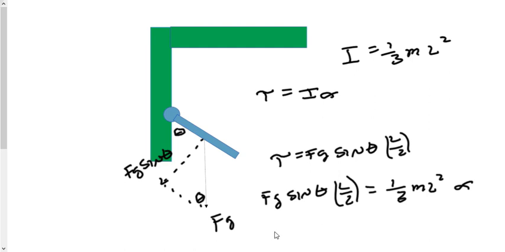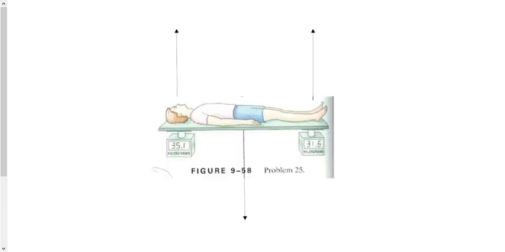And one more final question. How to find the center of mass of a person when you put the person on two scales. So here's a person laying on a scale here, and then at his feet is another scale. So the way we do this is identify, we can call this one maybe force normal 1, and call this one force normal 2, and that's what the scales are weighing here, or determining.